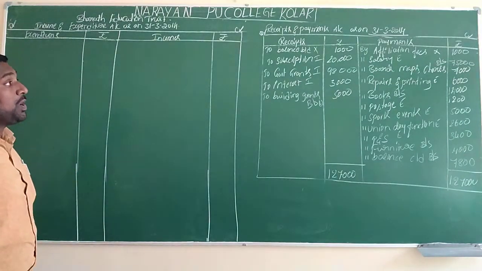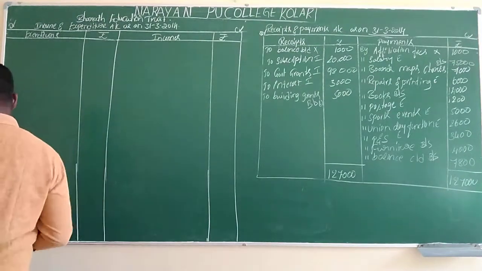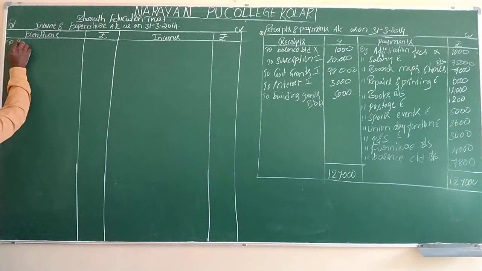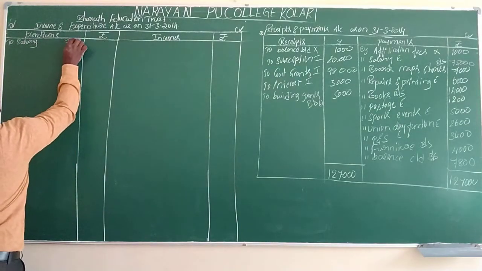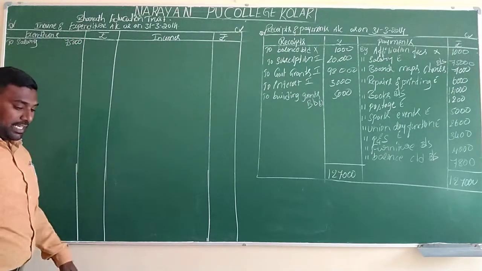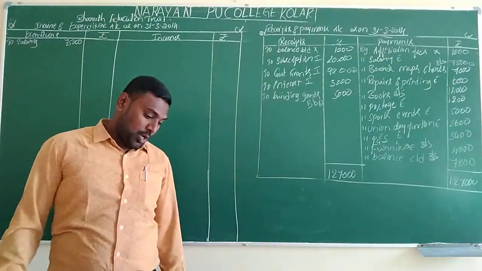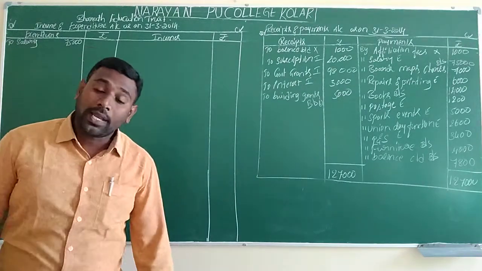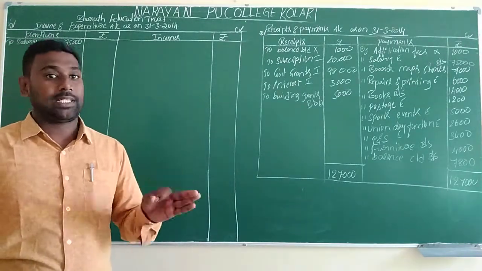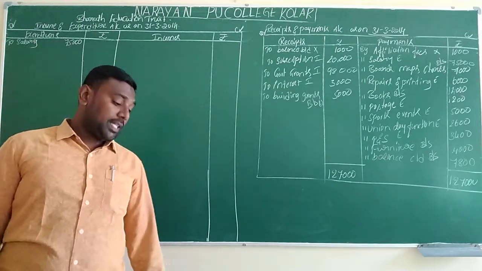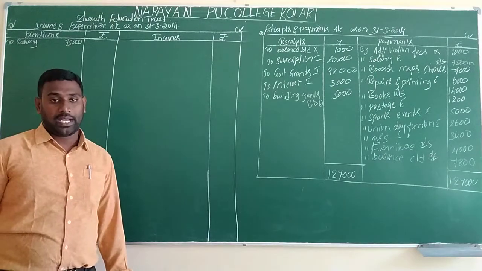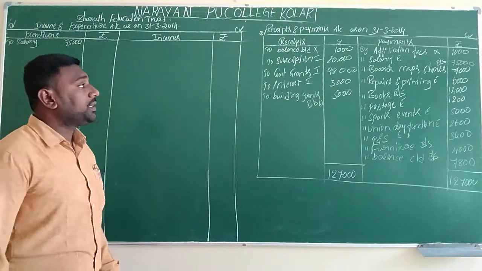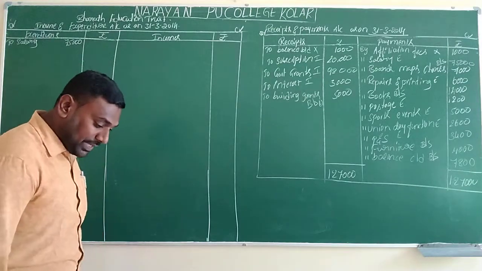Next, the second point we have is salary. By salary is there, that we have to convert into salary. The value of salary is 75,000, which we should write in the inner column. For this salary we have two adjustments. One is adjustment number 1, which says salary due, that is nothing but outstanding. At the same time, in the previous balance sheet, on the liability side, we have a salary outstanding or salary due given, so we have to adjust it here.